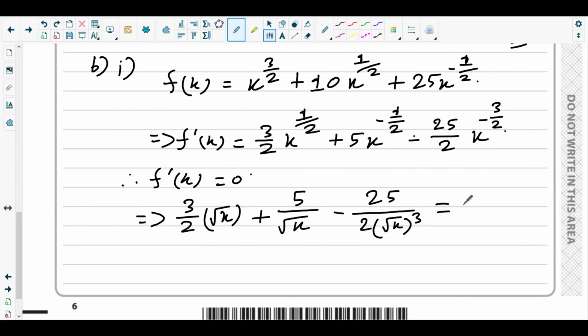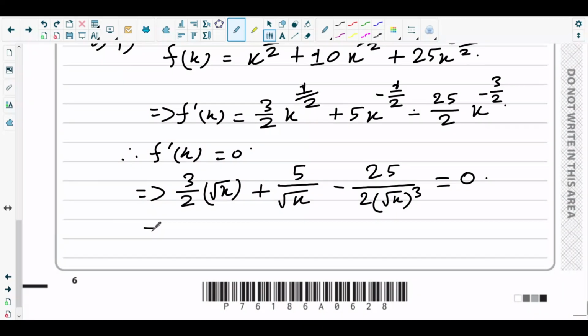This is equal to 0. Now to erase the denominator, let's multiply both sides by 2 square root of x whole cube.